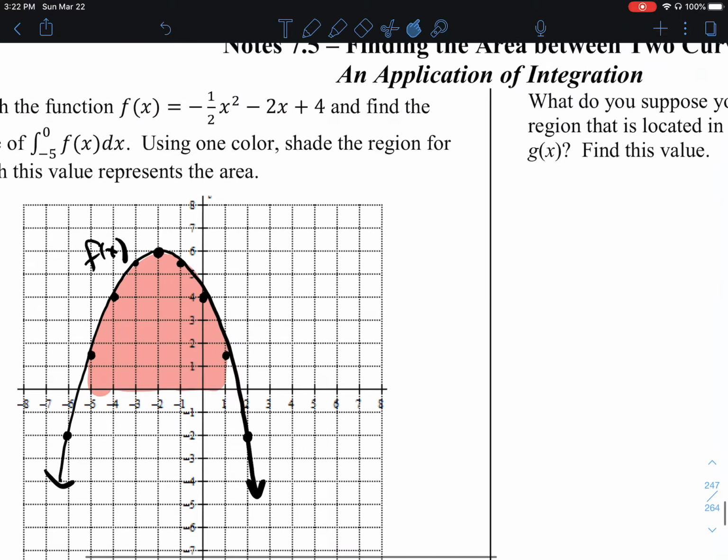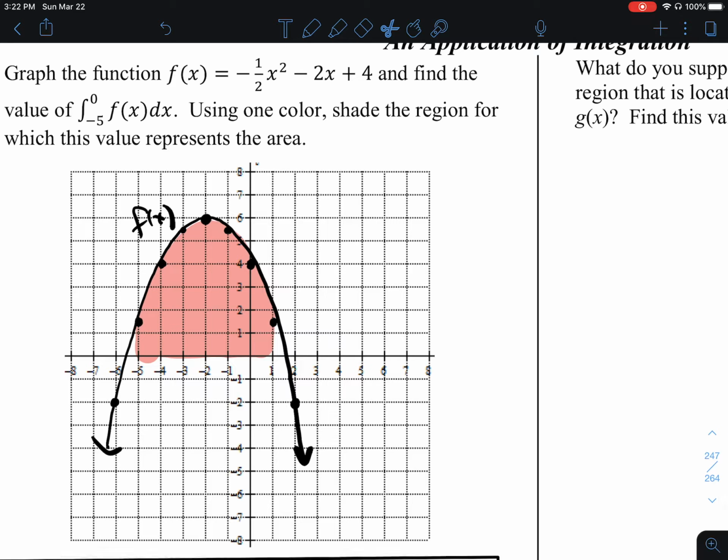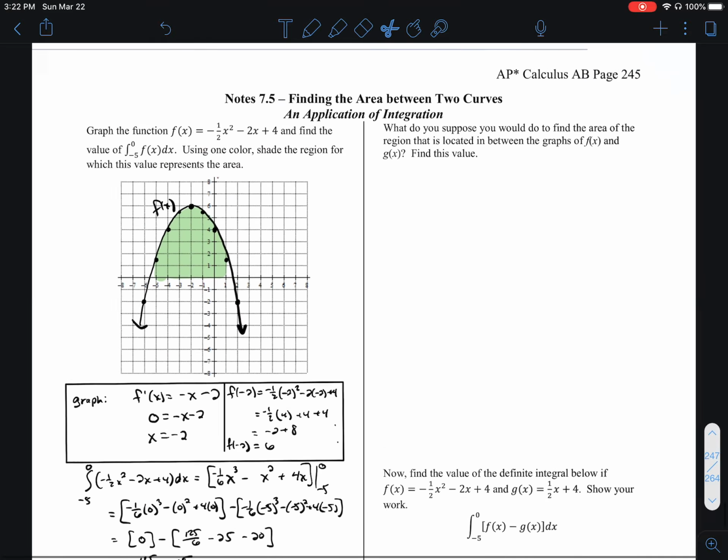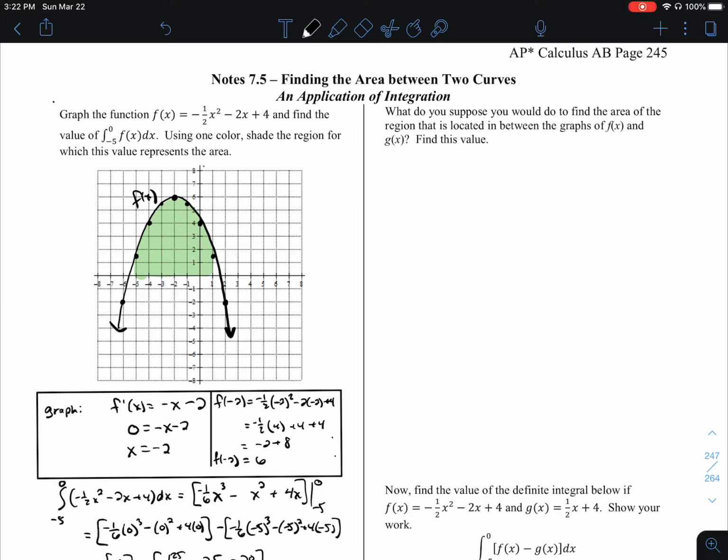I'm going to change this color to green. So we've got the graph, we found the value, we've shaded. There are 3 things to do. We did all 3.